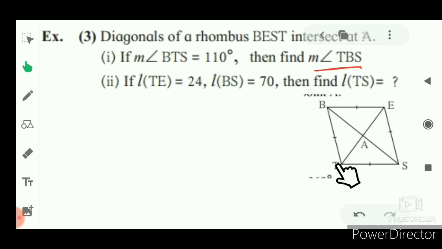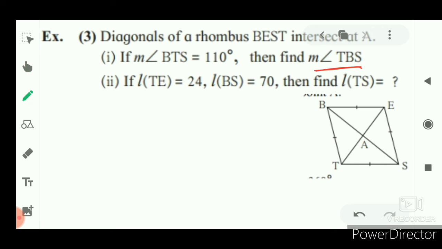There is a property of a rhombus that the diagonals bisect each other and they are perpendicular to each other. The length of this TE is given as 24 centimeters.